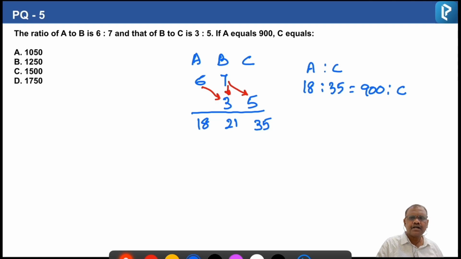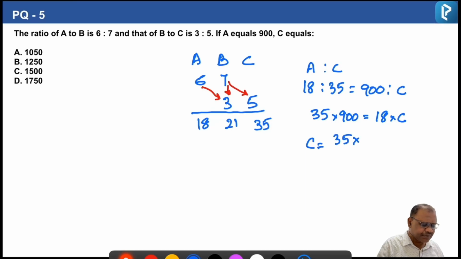So, if you apply the rule of proportion here, product of means is equal to product of extremes. So, that is 35 times 900 is equal to 18 times C. So, if 18 transposes to left side, we get 35 into 900 by 18. 18 cancels 900 50 times.